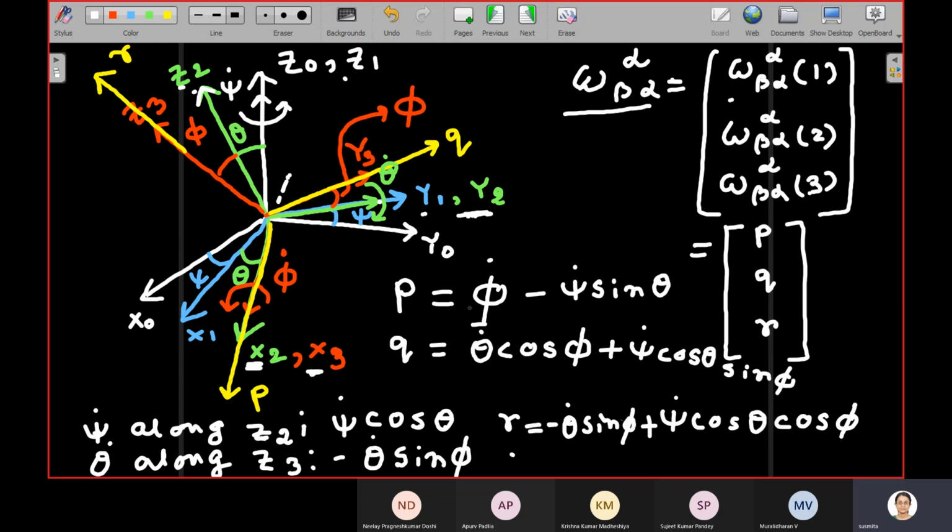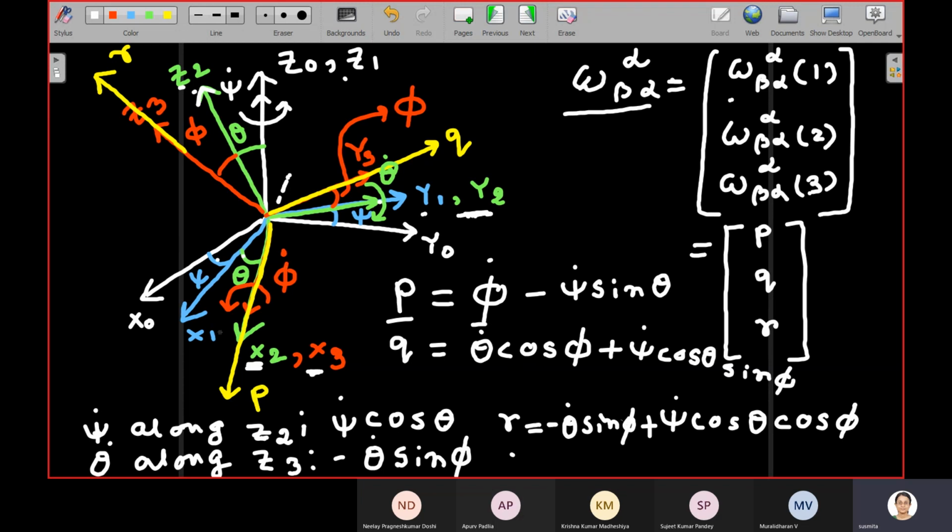Now here I just want to make a comment because we need to use this for the derivation. Next we are going to derive the time derivative of the coordinate transformation matrix, and for that derivation we require something from here. So here we found the relation between P, Q, R and the Euler angle derivatives. Now just imagine that all these angles are very small.